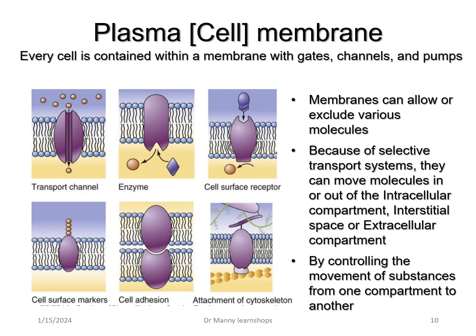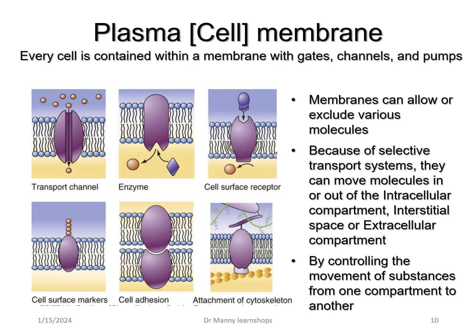Now, the plasma or cell membrane, every eukaryote cell has one. And this membrane has gates, openings, pores, channels, and pumps. These membranes can allow, depending on the cell, various molecules or substances to enter and leave.